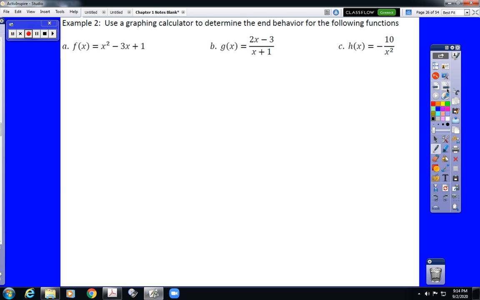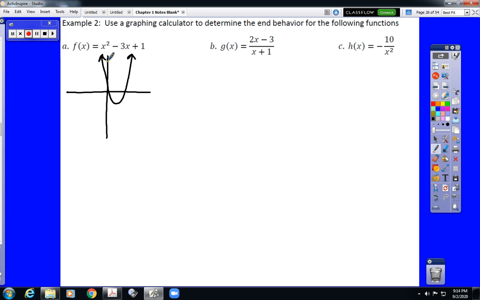So, for the first graph, f of x equals x squared minus 3x plus 1. The graph is a parabola. We are looking at a parabola that passes through 2 points in the positive x area. Looks something like this. And again, we don't really care about specific values.